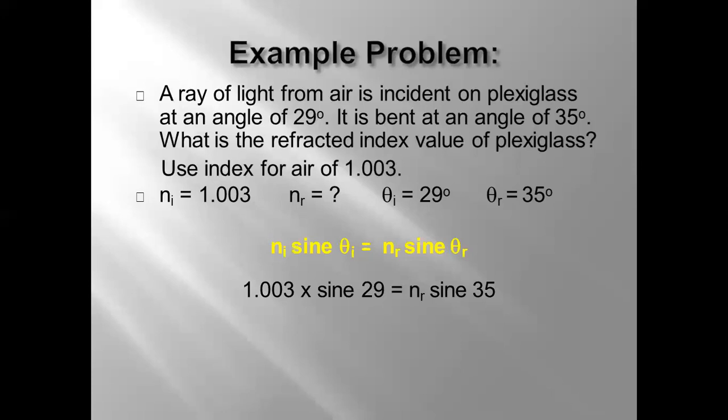To simplify, leaving the variable Nr on one side of the equation, we divide both sides by sine 35. This gives us Nr equals 1.003 multiplied with sine of 29 all over sine of 35. Further simplifying gives your final answer: Nr is equal to 0.85.